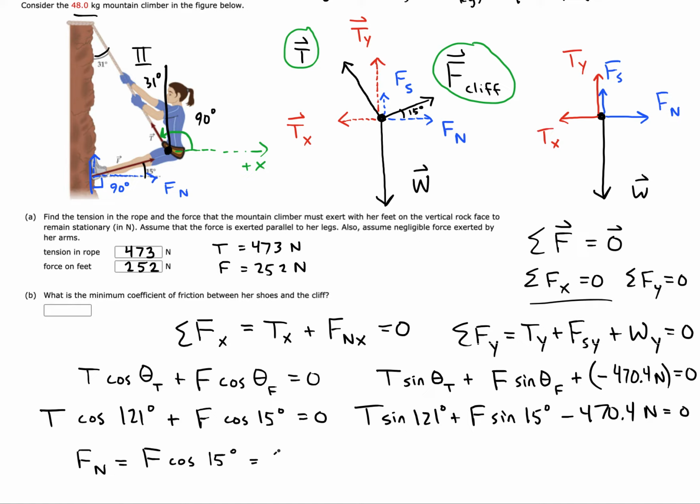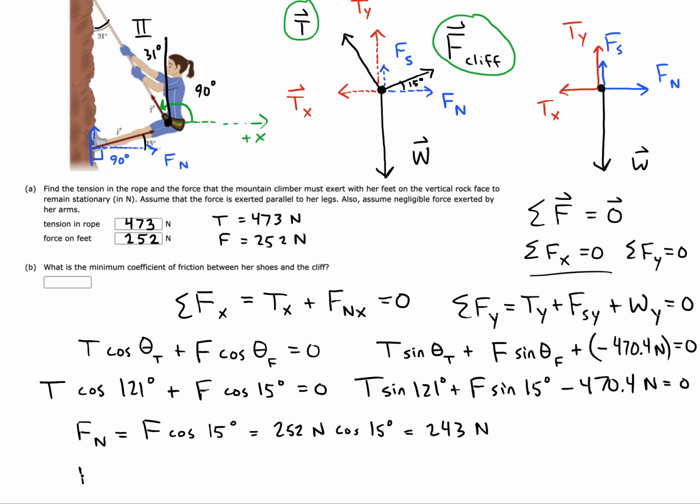So that would be 252 cos 15, which is 243 newtons. And we could find the static friction force, which would be F sine 15. So 252 sine 15, 65.2.